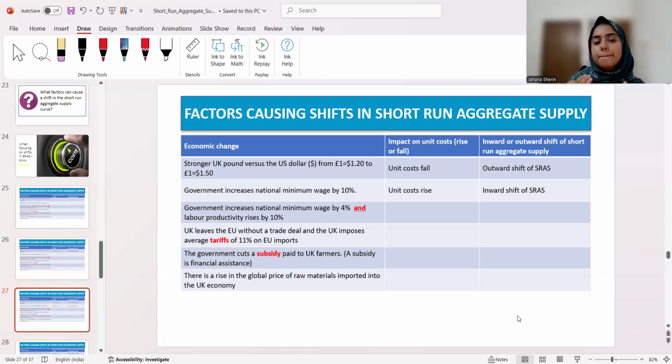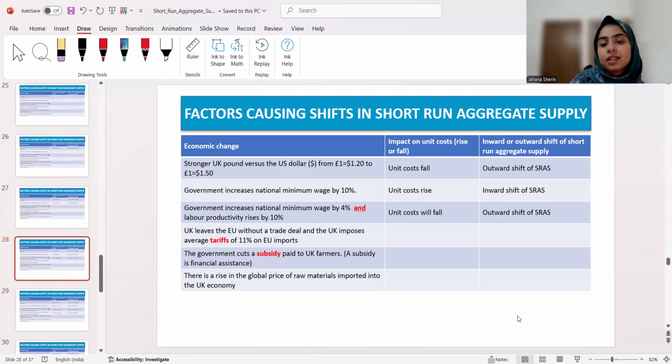The 10% rise in labor productivity is more than the government's increase in minimum wage, which is just 4%, right? So cost of production will decrease, and what happens? Outward shift of SRAS.